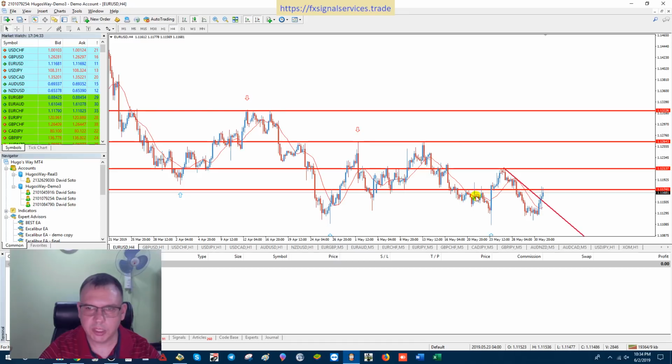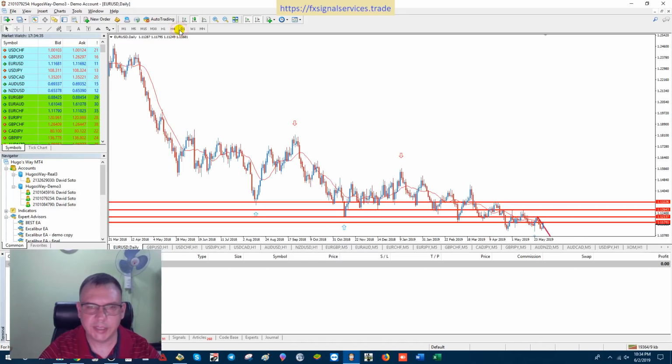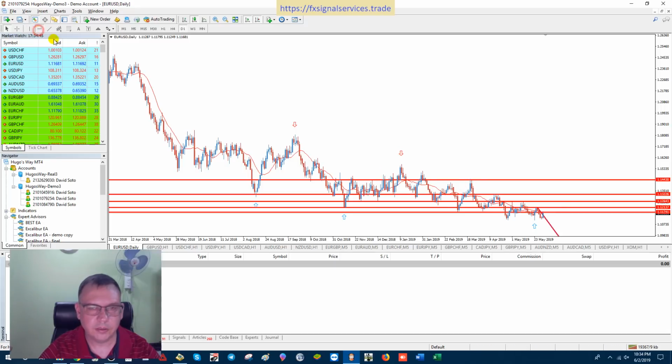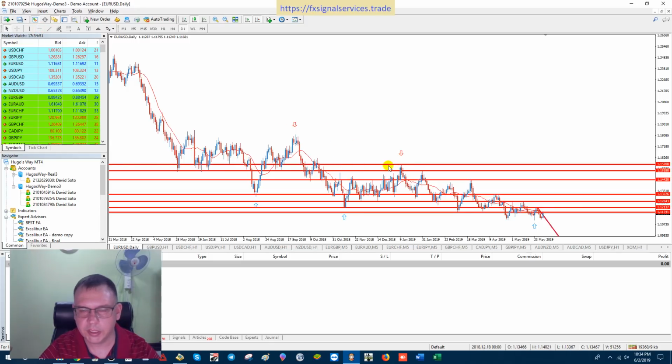There's multiple levels, right? And if I go to the daily chart, we see bigger levels of resistance. All right. Now, of course, this is getting a little technical here, but at least you can see all these different levels. Okay.